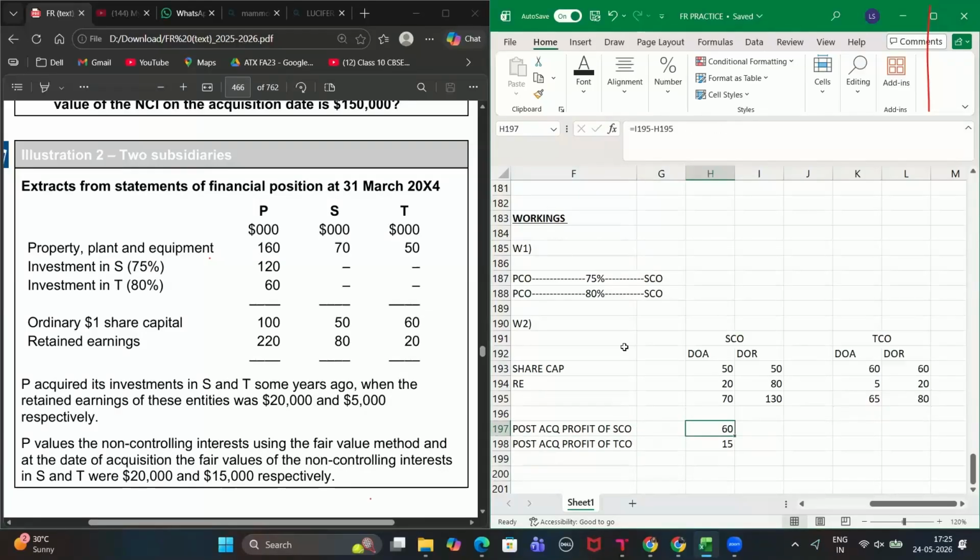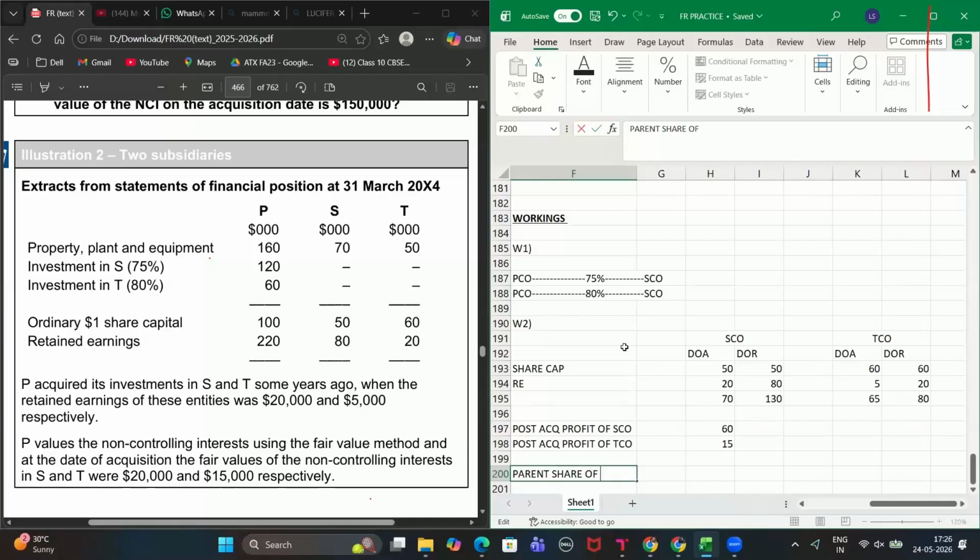So what should we do with this post acquisition profit? We have to split it between parent company and NCI. So what is the parent share of profit?